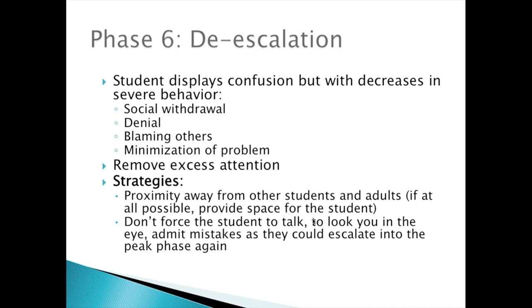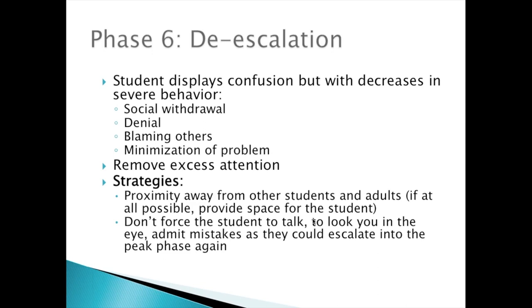So additional strategies as you see students beginning to de-escalate, just maintaining that conscientiousness of proximity, keeping that student who's coming out of the peak phase away from other students and adults if at all possible, maybe just providing a quiet space for that student, not necessarily one that would be identified as seclusion, but just a quiet space.